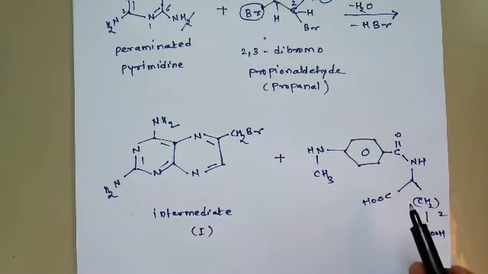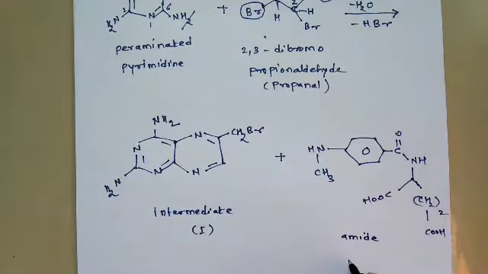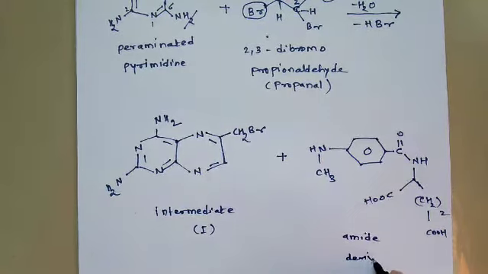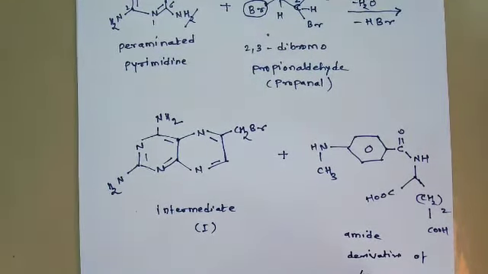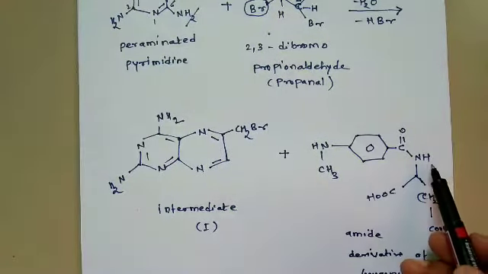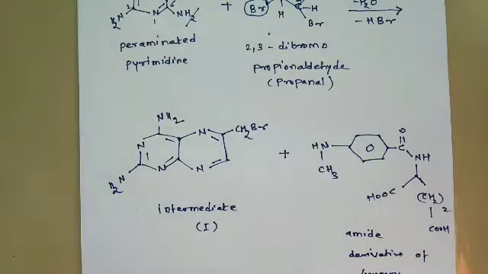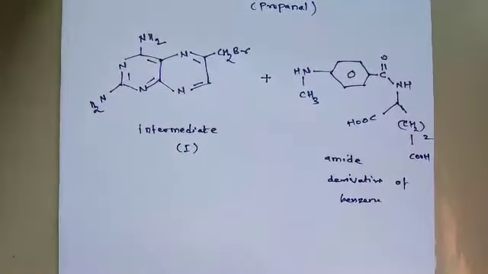This molecule is called an amide derivative. You can say it is an amide derivative of benzene. Okay, because why? Here the CONH group is present, so that's why you can say it is an amide derivative of benzene.